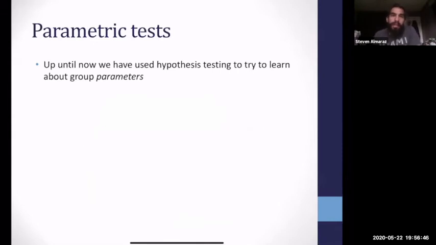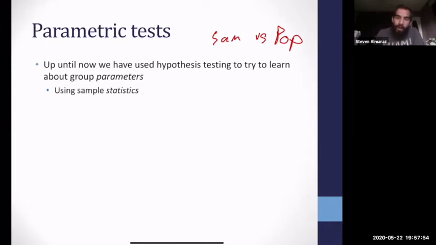So up until now, all of these tests have used hypothesis testing to learn about group parameters, all right? We haven't talked about parameters in a long time, so we're going to do a quick refresher here. And when you think of parameters, you should also think of statistics, all right? And that's because parameters and statistics are actually the first example of a sample versus population set of things that basically mean the same thing, but different versions, all right?